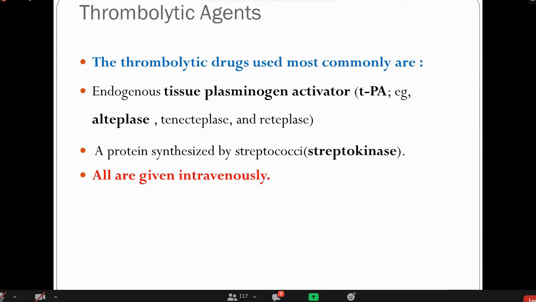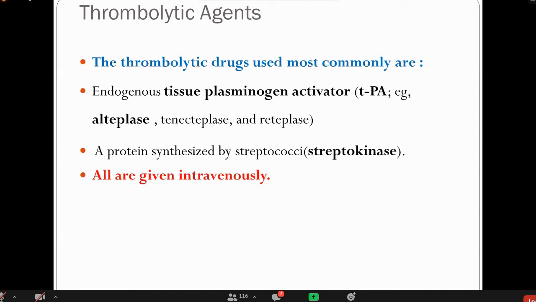The thrombolytic drugs used most commonly are endogenous tissue plasminogen activator, for example alteplase, tenecteplase and reteplase. Very effective drugs, but very expensive.